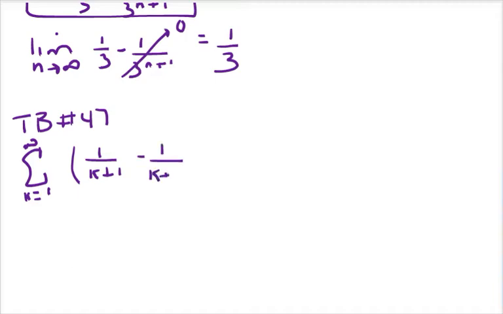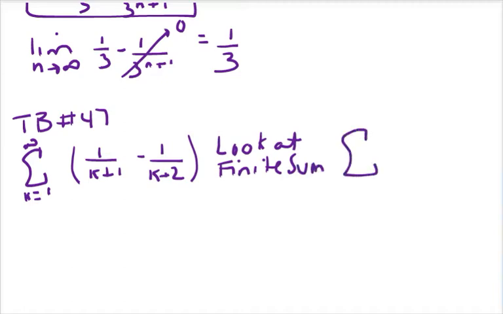I want you to know that hard and cold. So we're going to look at a finite sum like we did with the geometric. I'm going to let this go to n because it's finite, and then we'll extend things.